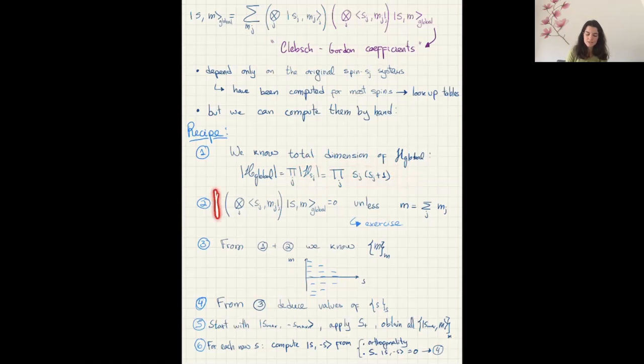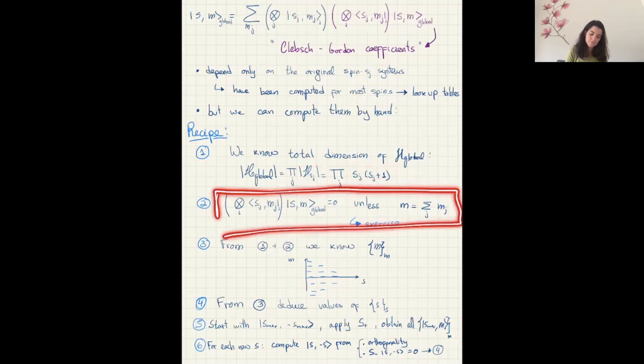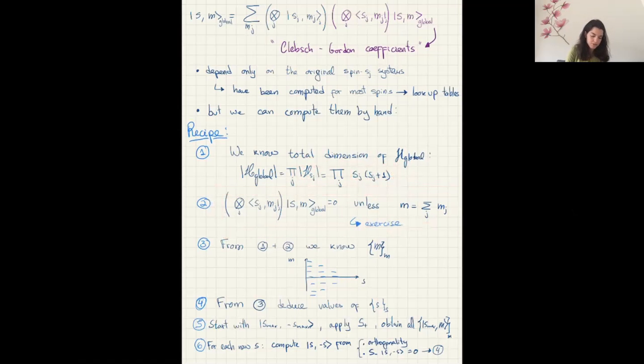The other thing that can be shown as an exercise, maybe I'll put it in the mock exam, is that these coefficients that we're looking for are 0 unless this M is the sum of the Mj's there. Okay. Now, this is a fact, I'm not proving it here, okay? Now, from putting these two things together, we know the picture of the M's.